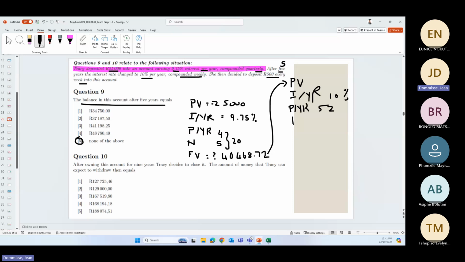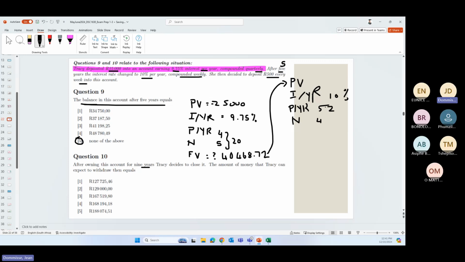So after 9 years, that's after 5, so that's 4 years. So 52 times 4 looks like 208 periods. We'll just check that again. That present value is going to be that one.